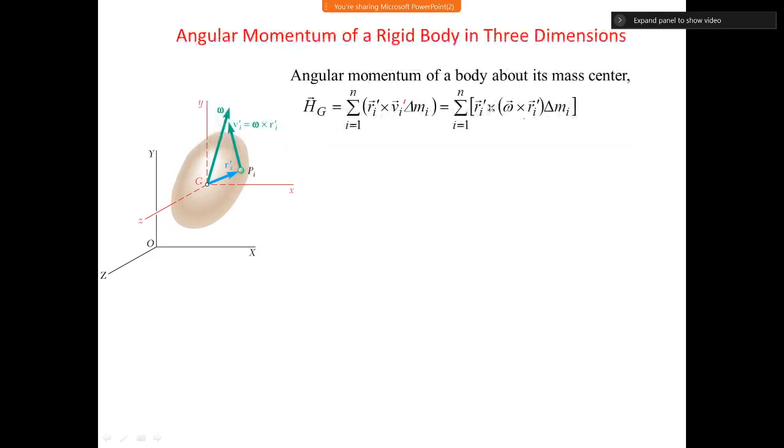Now if you see this equation, this is a vector equation. If I want to evaluate this cross product, let me just consider the first term.